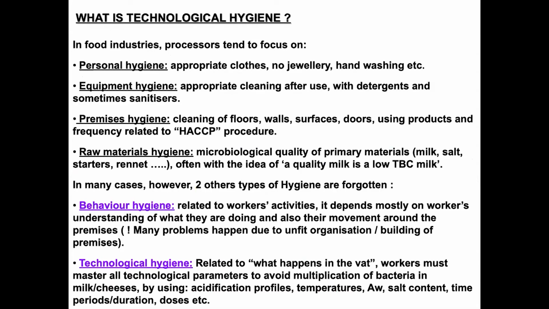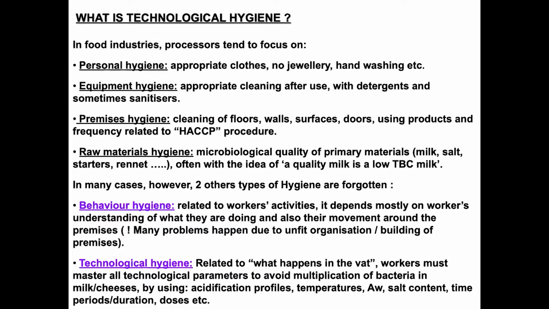So technological hygiene in the food industry: we tend to focus on personal hygiene, clothes, jewelry, hand washing, hairnets, and so on; equipment; the facility, the workshop and the cheese making floor, the walls, the surfaces, the doors, and all of that. The raw material: the quality of the milk, salt, starters, rennet.